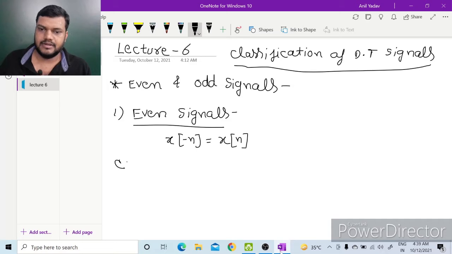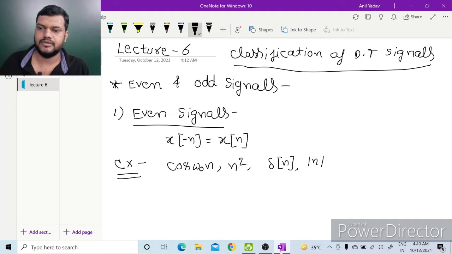For example, even signals are cosine signals, cos(omega naught n), n square, delta n, and mod n. These are examples of even signals.